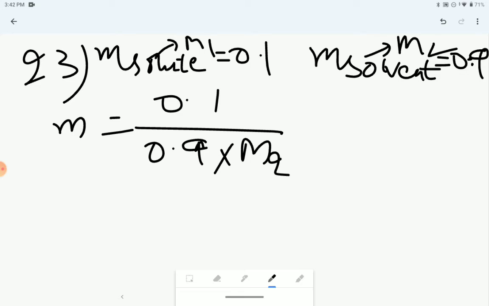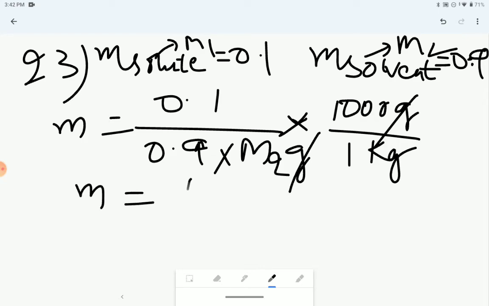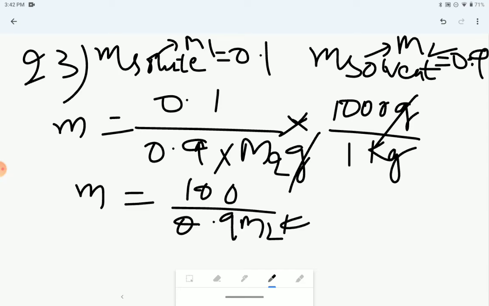This is in grams, but we know that 1 kg is equal to 1000 grams. We can write 1000 gram upon 1 kg, so gram is cancelled, and 0.1 into 1000 is 100. Molality comes out to be 100 by 0.9 m2 per kg.